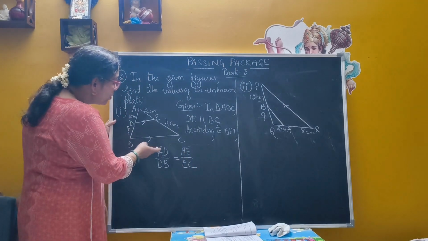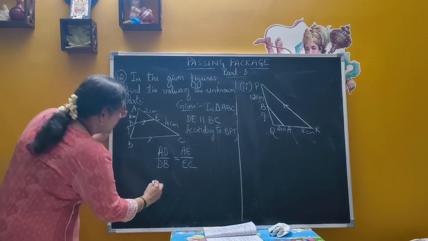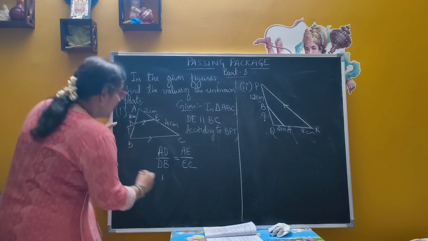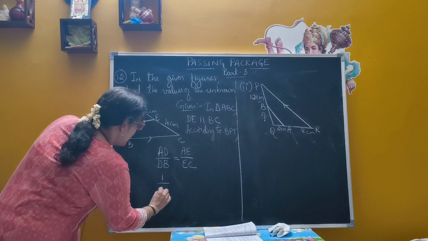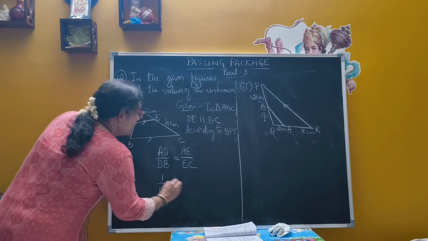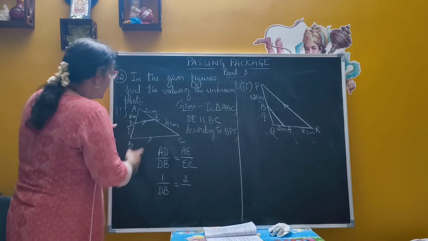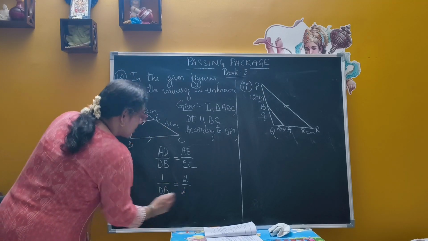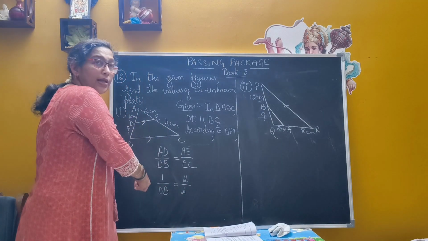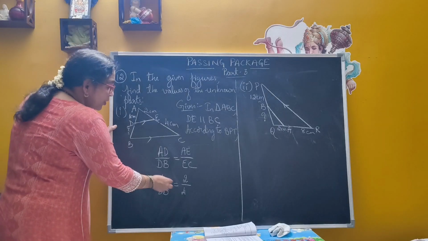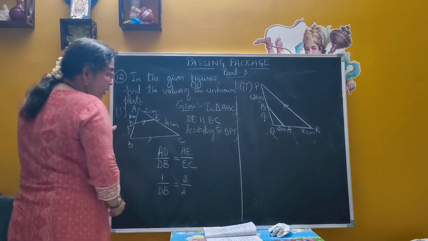Now substitute the known values. Here AD how much? 1 centimeter. So 1 by DB, it is unknown, so let us write it as DB only. It is equal to here AE value 2 centimeter, 2 by EC 4 centimeter. So 2 by 4. Let us transpose and find the answer. 4 into 1 is 4. 2 into DB, 2 DB.